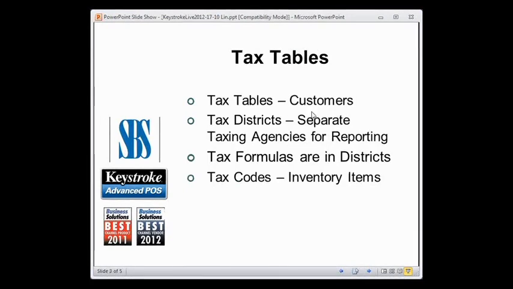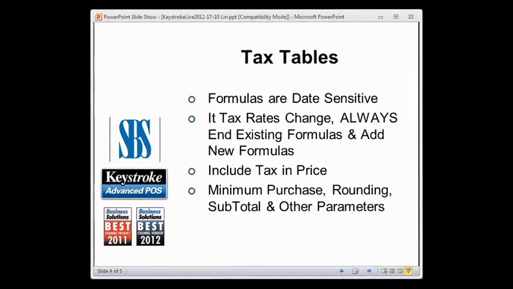Remember, your tax tables are with your customers. Tax districts separate out your different taxing agencies for reporting. You have tax formulas that are in the districts, and your tax codes, which are called out on the formulas, belong to your inventory items.